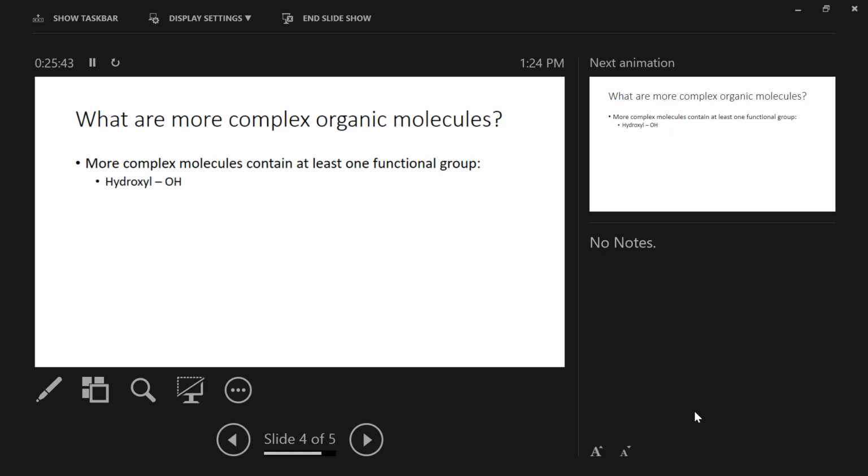The first example, a hydroxyl group. And so I'm going to draw all of these functional groups for you. They show you what the elements are and their approximate configuration.